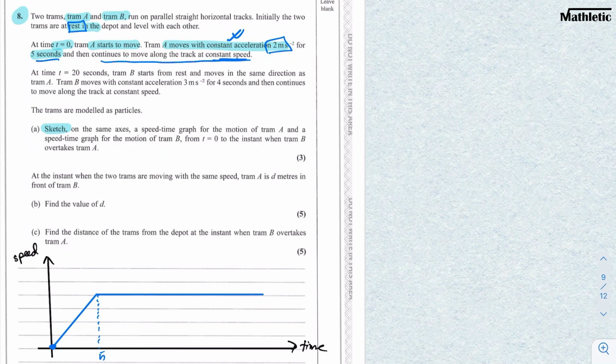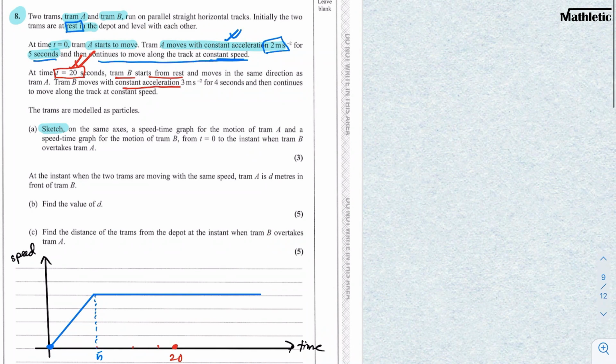Next we have the second tram B, and at time t equals 20 it starts from rest. So the journey of the second tram should start at 20. If this is 5, then 10, 15, let's assume 20 to be here. So it starts from 20, then constant acceleration 3 meters per second squared for 4 seconds.